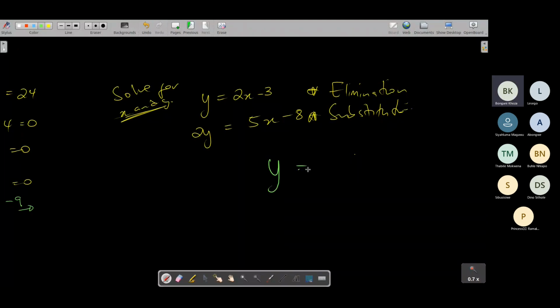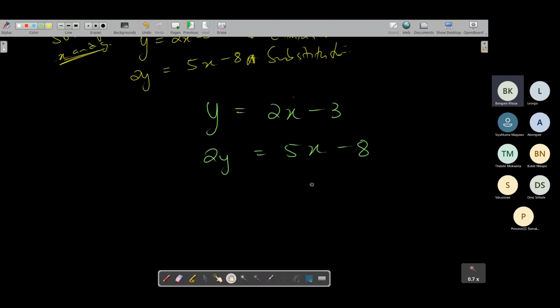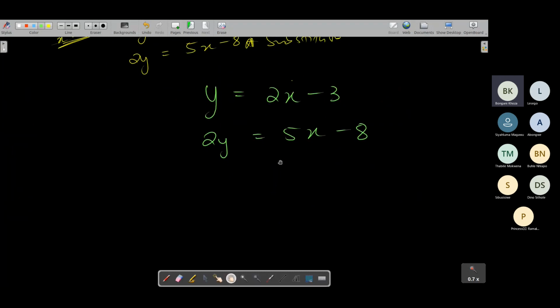The equations we have are y equals 2x minus 3, and the other one is 2y equals 5x minus 8. What we are trying to do is eliminate or remove one of the variables. Let's just say we're trying to remove y here.